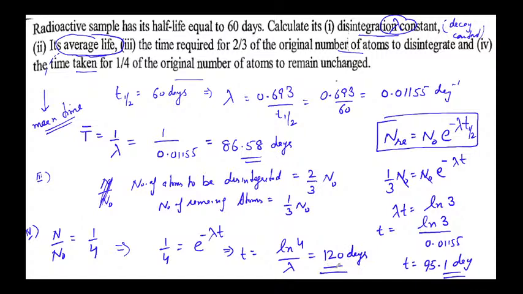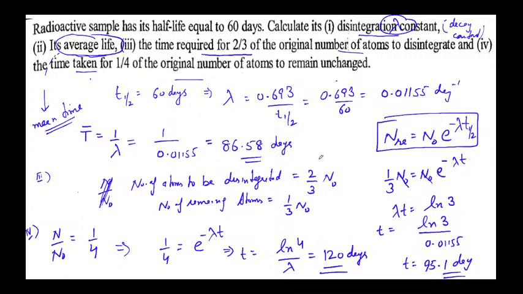So this is how we can solve such problems. You need to understand what is said in this equation. In the third option they said the time required for 2/3 of the original atoms, while in the other one it is 1/4 of the original atoms remaining unchanged.